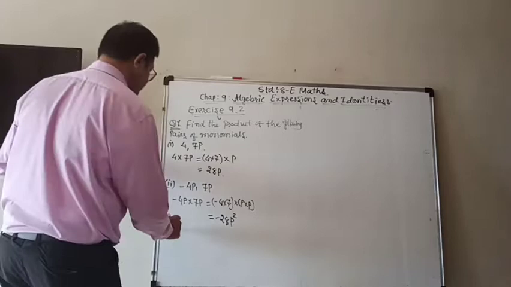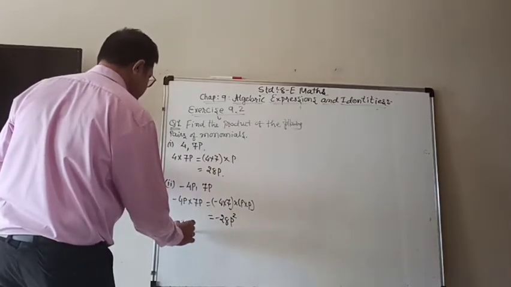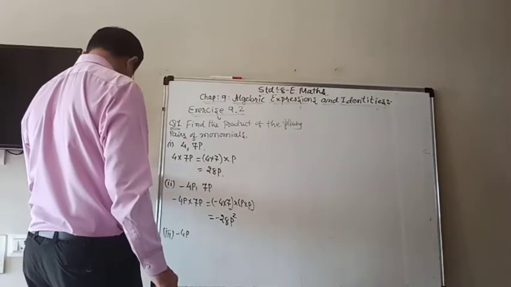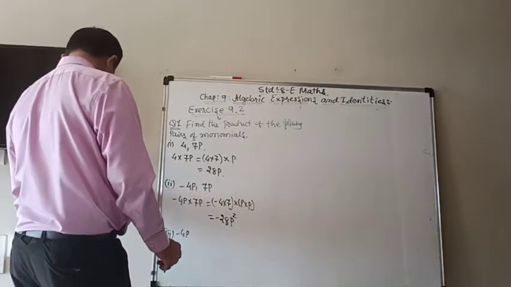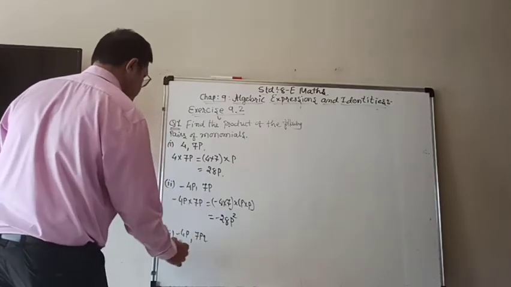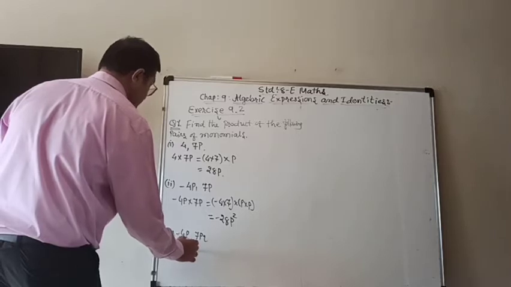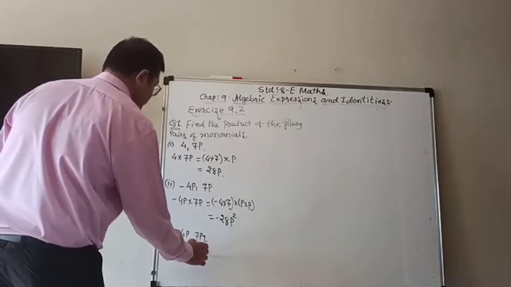Third pair is minus 4p and 7p cube. So minus 4p multiplied by 7p cube.